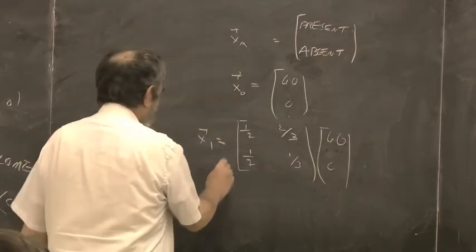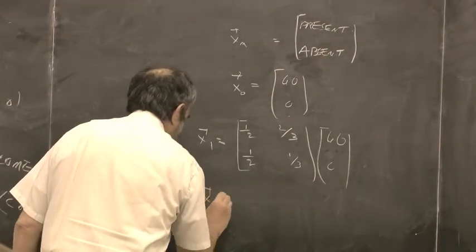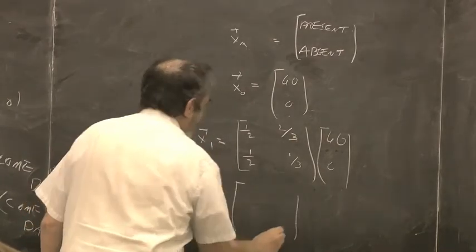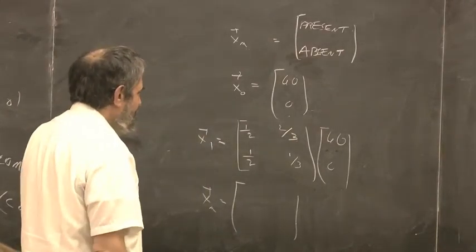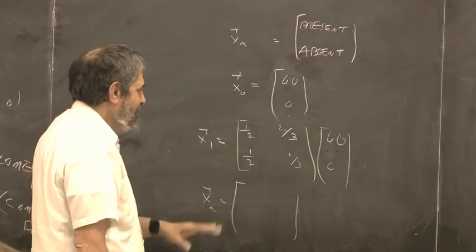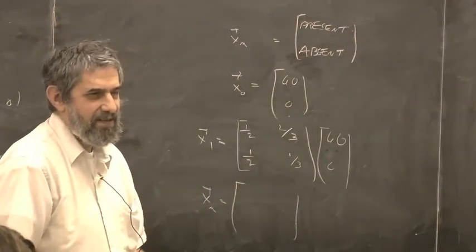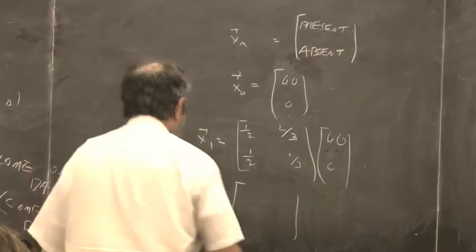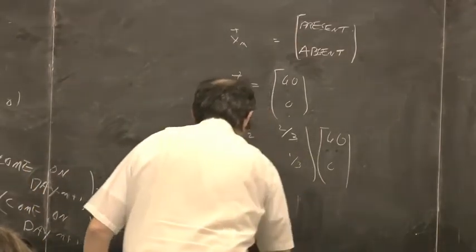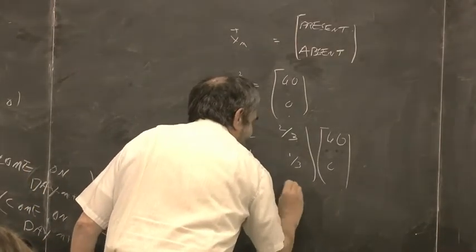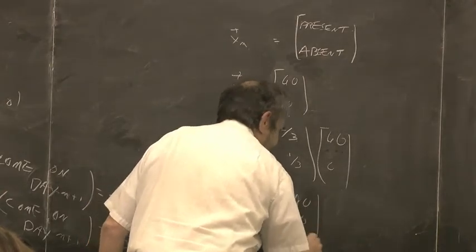How many people come on day n? Tell me how to compute it. Can we say A to the n? Yeah, you can say A to the n. That'll save me a little time. Times 60, 0.